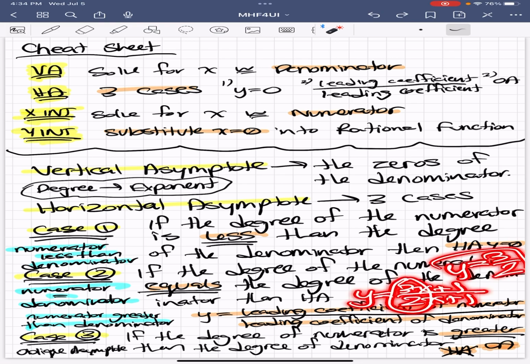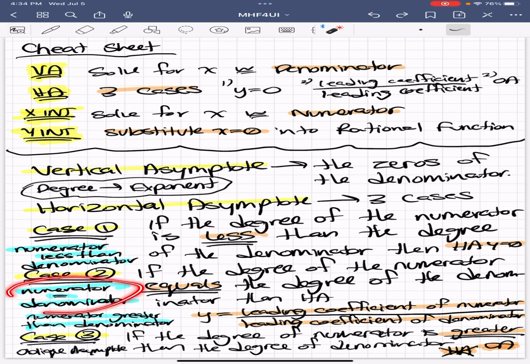That would be your horizontal asymptote. The degree of the numerator equals the degree of the denominator, which means they have the same exponent. As you can see, both of them were x to the power of 1.